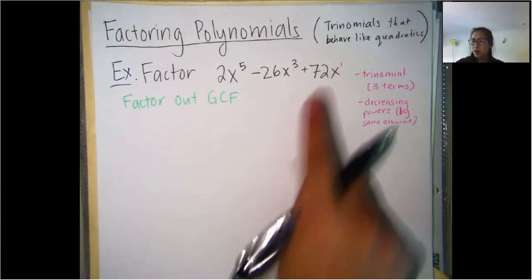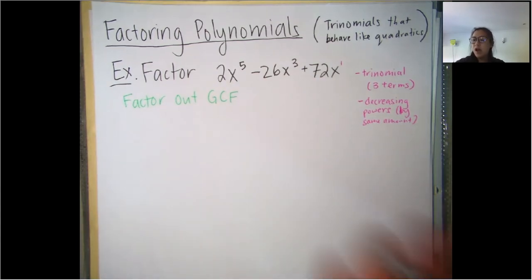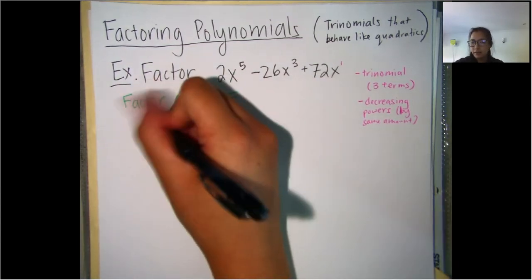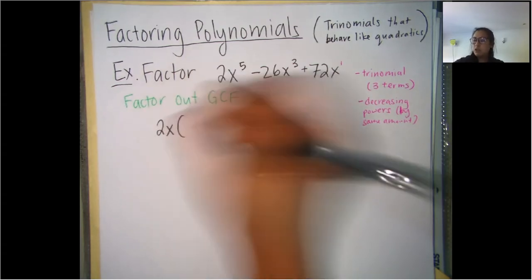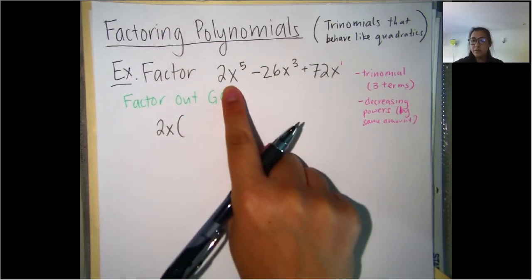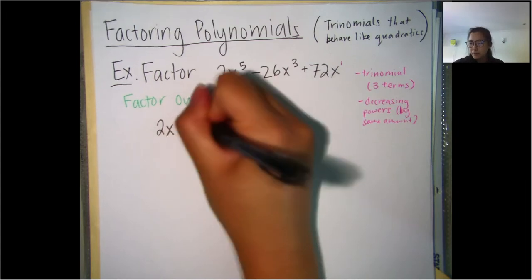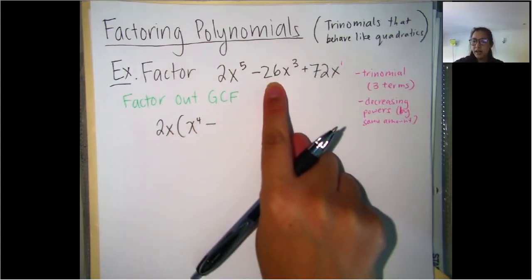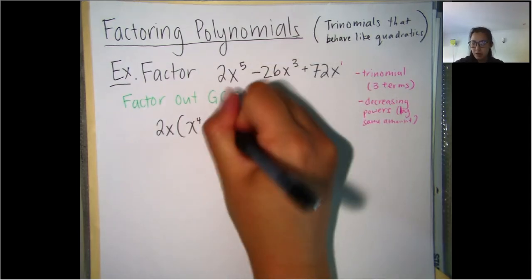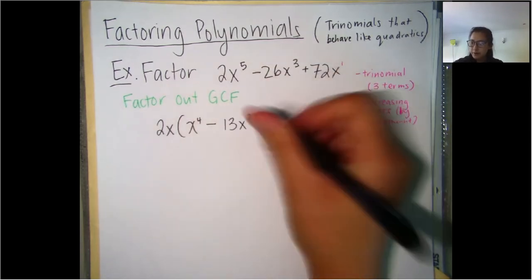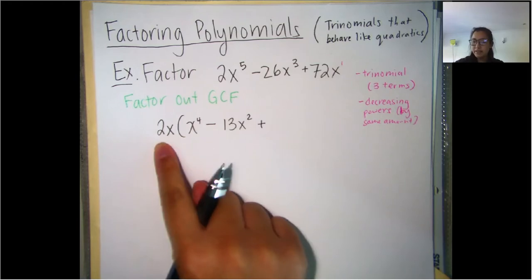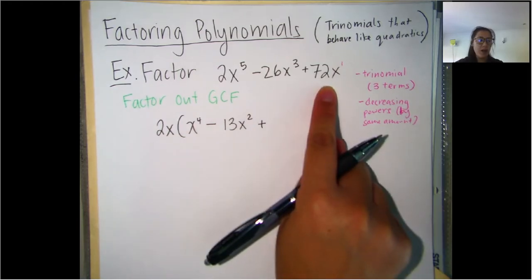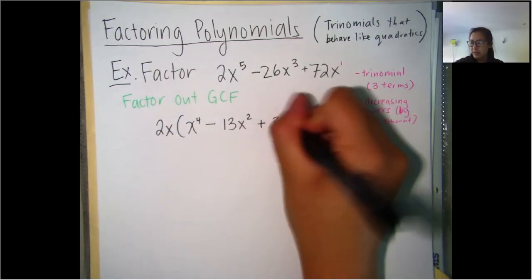And then I see that all three of these numbers are even. So I'm going to factor out a 2x. 2x times what is 2x to the fifth? Well, that's going to be x to the fourth minus, and then 2x times what is negative 26x cubed? Well, that's going to be 13x squared plus, and then 2x times what is 72x? Well, that's going to be 36.